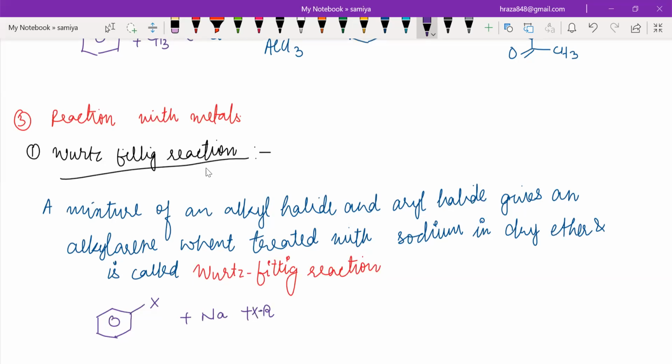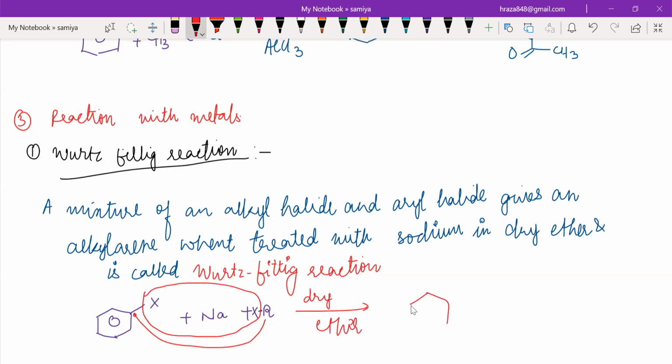Can I write RX as XR so that you will understand this part will be eliminated and this carbon will be directly connected to this R. This reaction takes place in the presence of dry ether, and what you get is an arene with an alkyl group, so alkyl arene. Got it? If you have any doubt regarding this, you can ask.